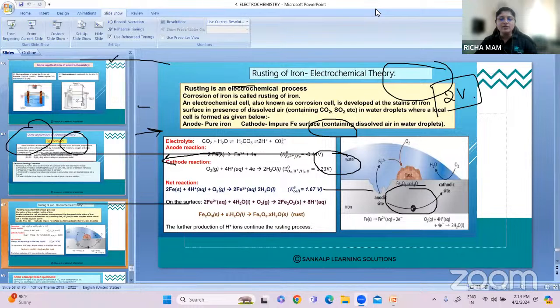For boards, the NCERT textbook alone is too much, it is enough.